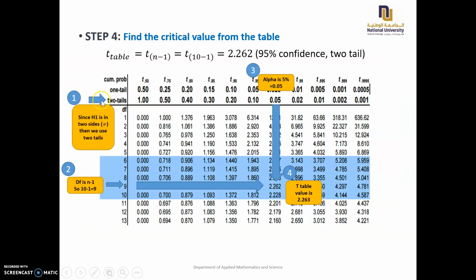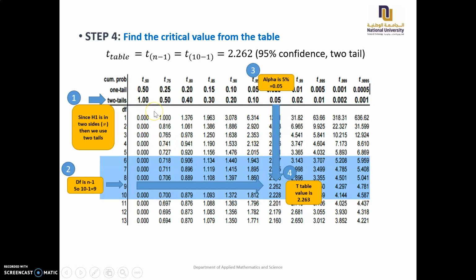So we will be here in the two-tail. Alpha is 5%, so 0.05. Now which value do you have to use? As I told you before, for normal distribution we use the last row where z is given. The remaining rows in the table give you the t value.